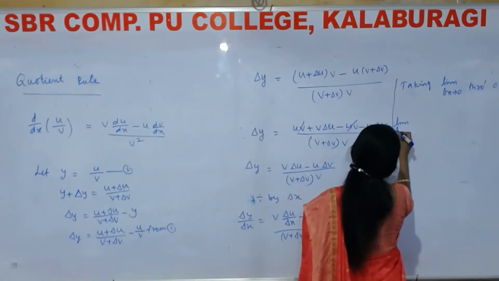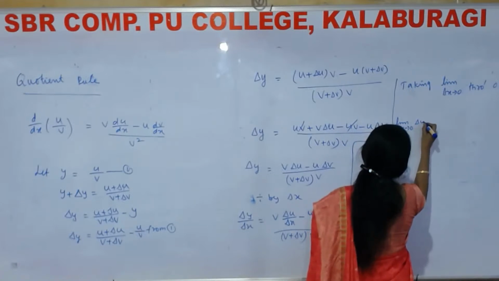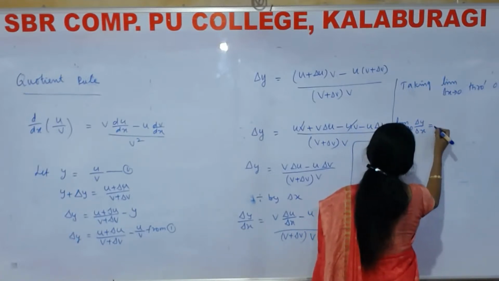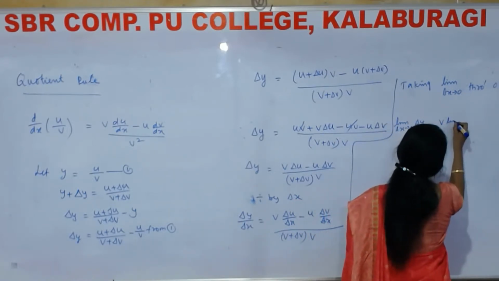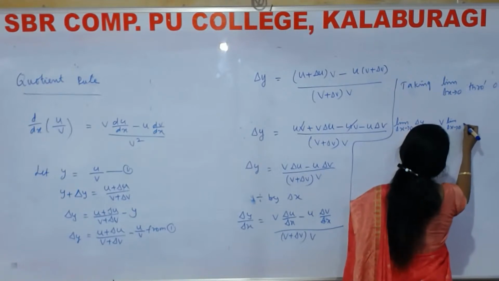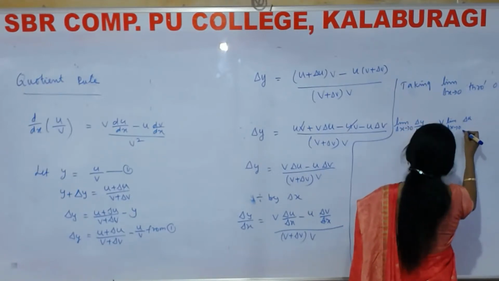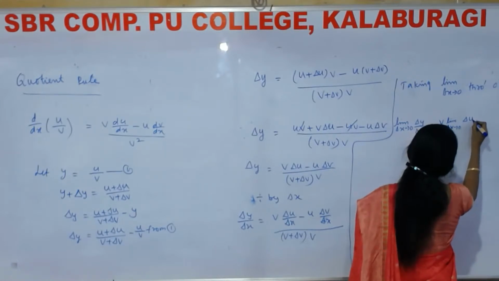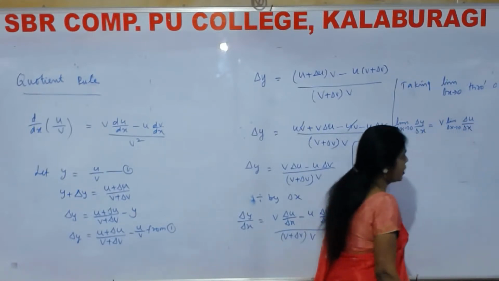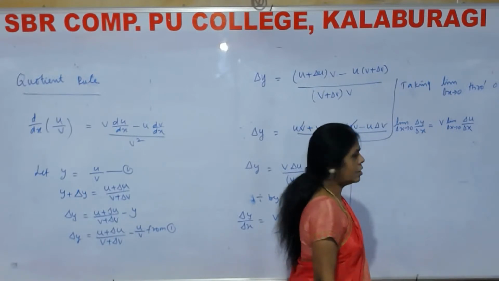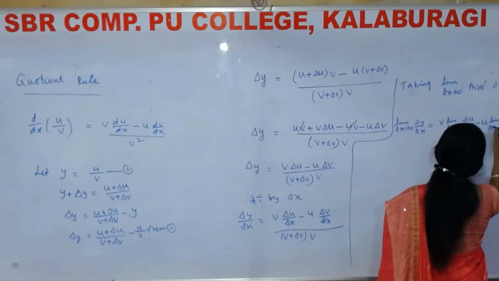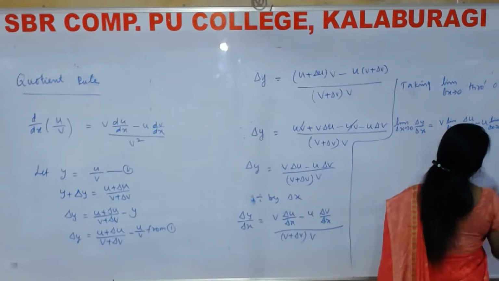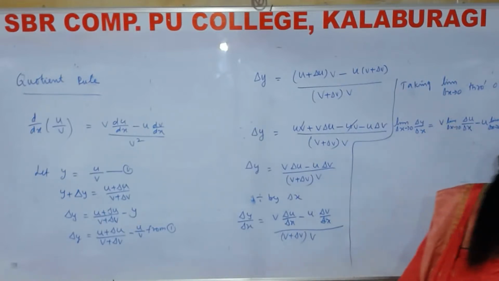Limit delta x tends to 0, delta y by delta x equals, where it is needed I take it, v limit delta x tends to 0 delta u by delta x. Is it visible, students? Is it visible? Then minus u into limit delta x tends to 0 delta v by delta x.